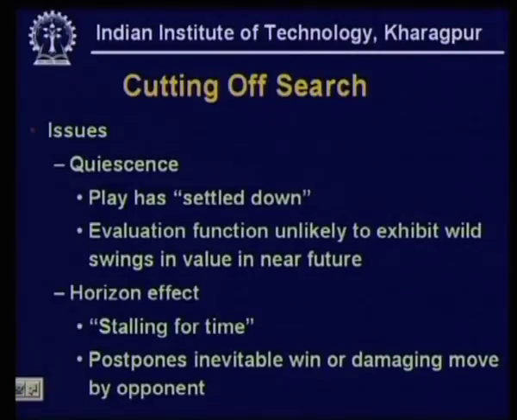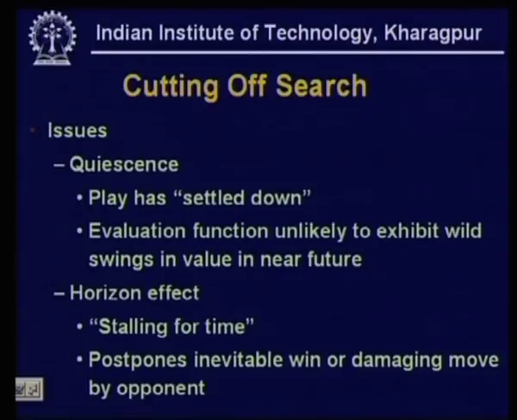There are two other points. In a game tree with fixed cutoff depth, there are often some problems which people have noticed. One of these problems deals with the concept of quiescence. Quiescence happens when a play has settled down, and if you go down that search tree further, it is unlikely that the evaluation function would change much.